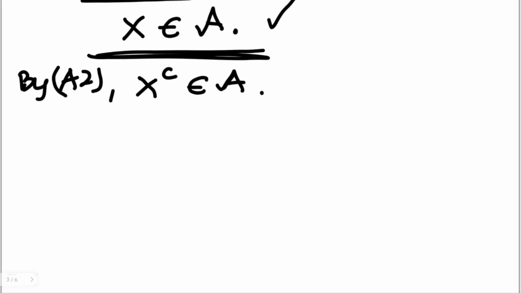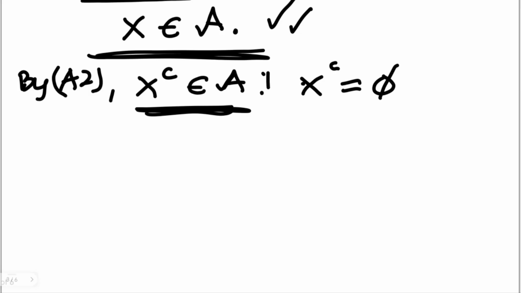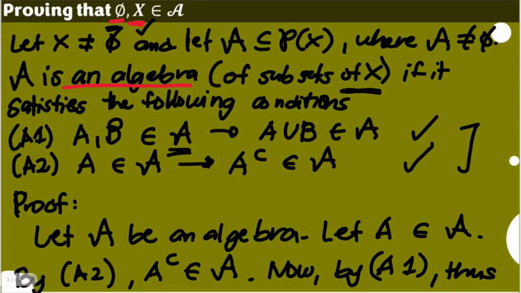Being the set itself, the complement of X is equal to the empty set. So the complement of X, which is the empty set, is also an element of script A. So we are done showing both of these being elements of script A.